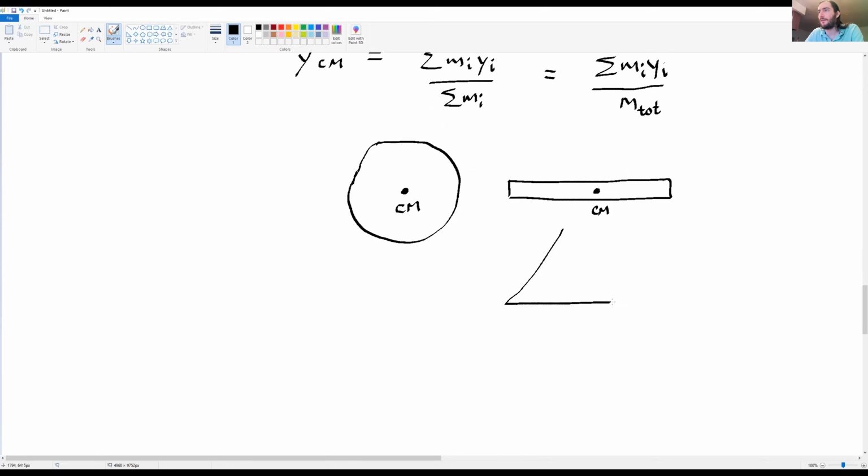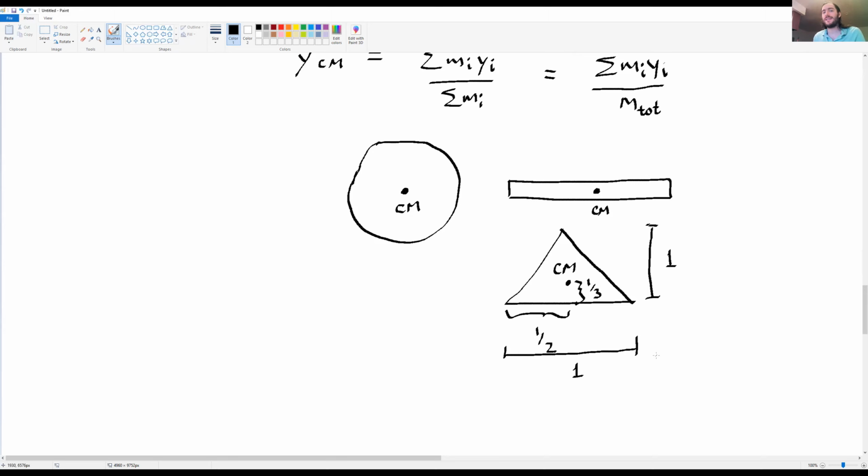For example, if you have an equilateral triangle, then the x center of mass will be half the distance, and then the y center of mass will actually be 1/3 of the distance there, 1/3 of the height. That's for an equilateral triangle with side lengths 1.